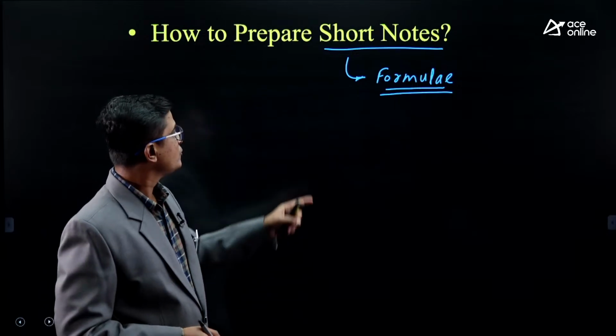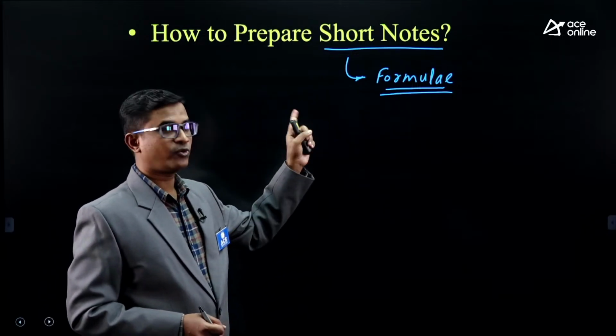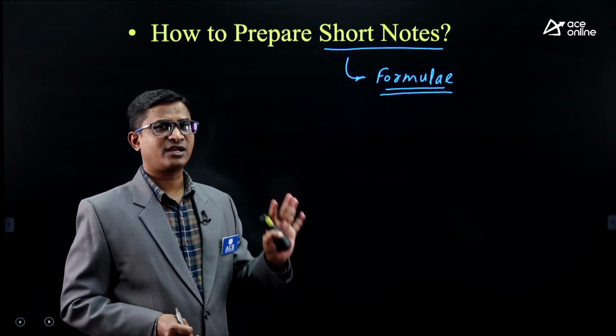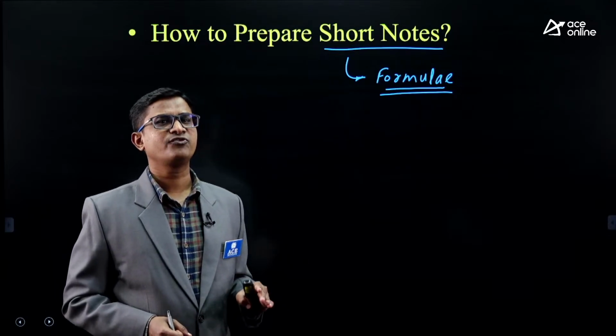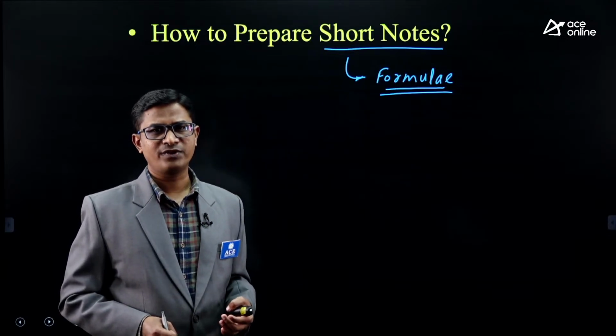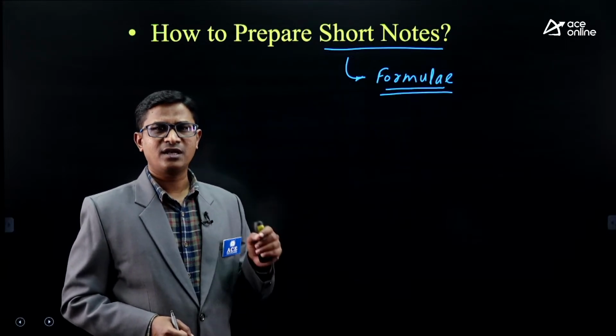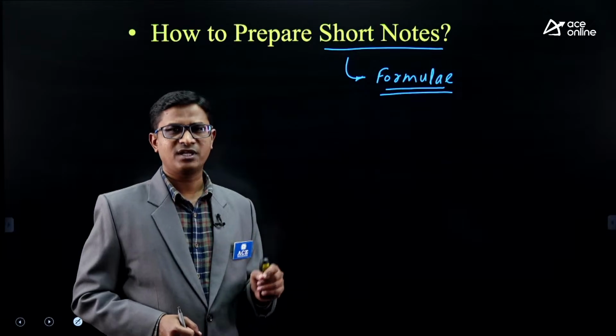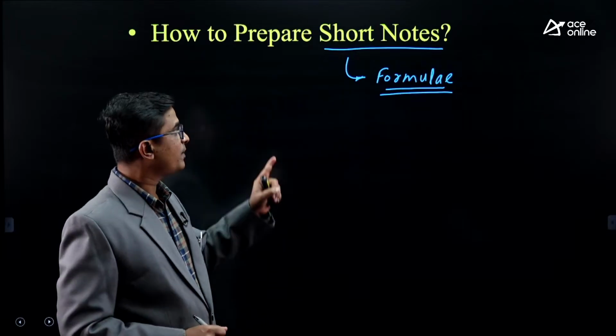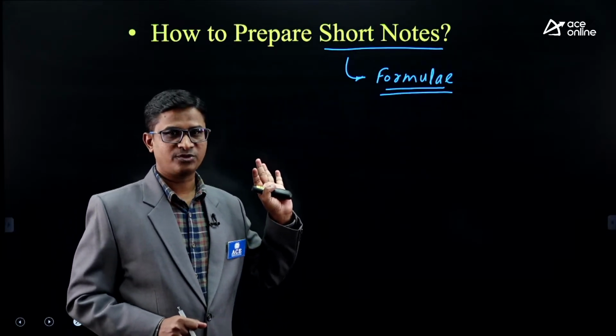So short notes should be only formula based, and second, if some of the topics you feel difficult, you feel unable to memorize, then add some points related to those topics. That's it. But this should be short only.